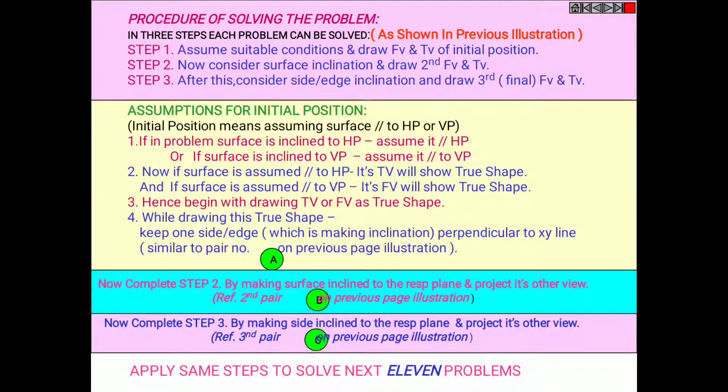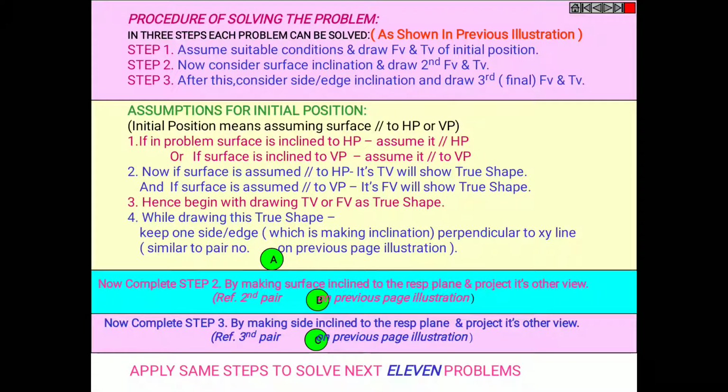The second case is, if the surface is assumed parallel to HP, its top view will show the true shape, and if the surface is assumed parallel to VP, its front view will show the true shape. So begin with drawing the top view or front view as the true shape.